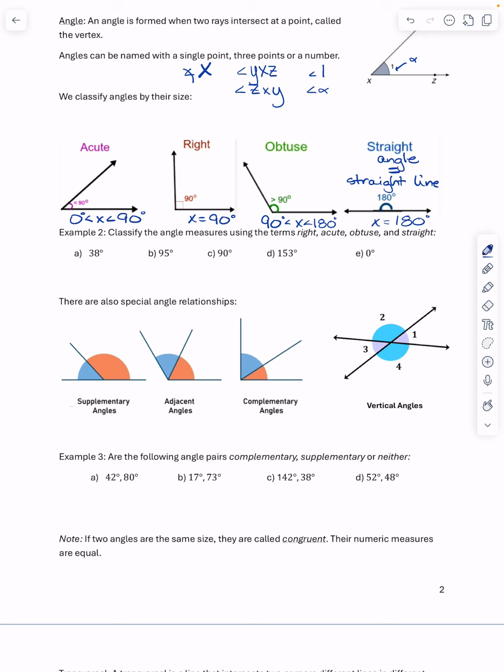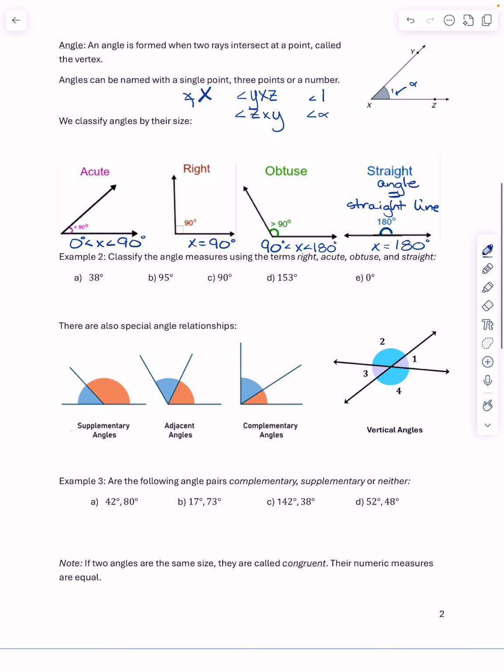Example 2, this again would be a good time to pause and answer whether each of these is right, acute, obtuse, or straight. I don't know why I put them in that order. But anyway, A, between 0 and 90, this is an acute angle. 95 is obtuse, it's bigger than 90.